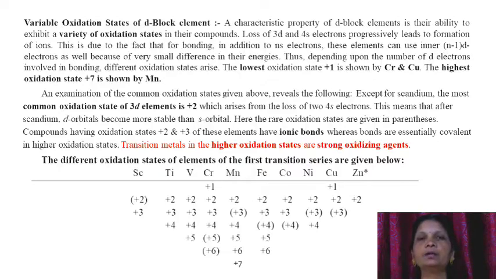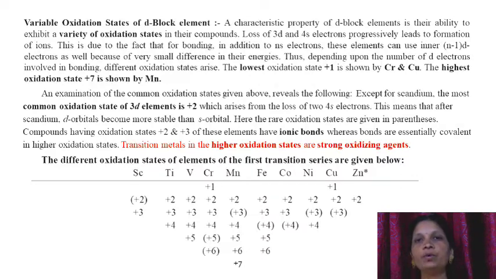It is the numerical charge developed on the element when it is present in the compound. Compound form करत असताना एखादा element जी plus or minus oxidation state achieve करतो ती आपल्याला इथे बघायची आहे. In case of D block elements, we have seen that the oxidation states are variable. So many kinds of oxidation states are found for one element here.